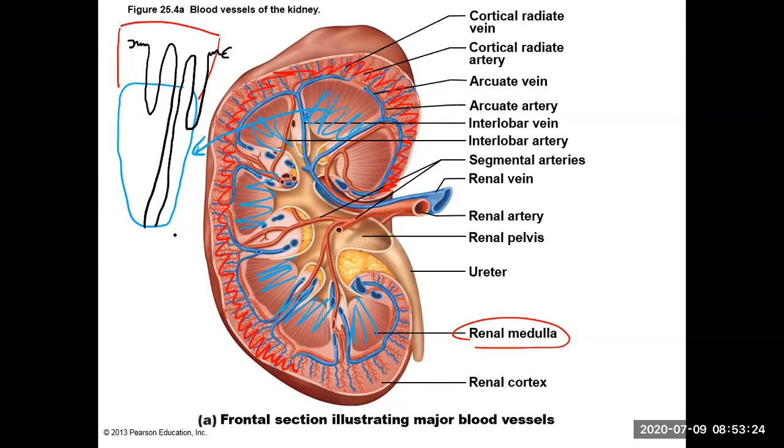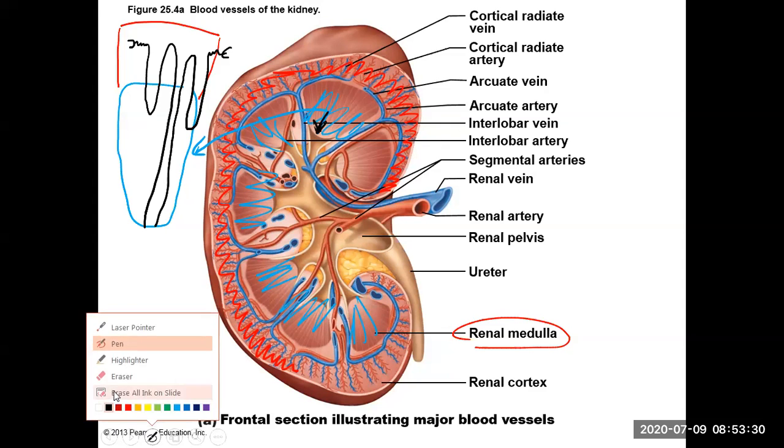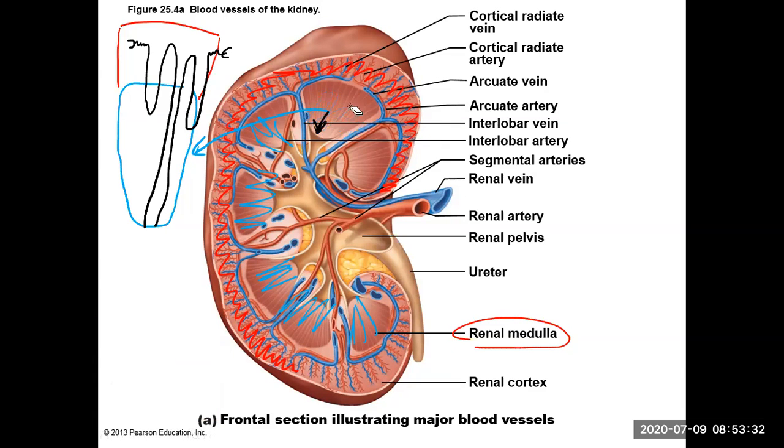These tubes end up right over here. In fact, if you look, I want to erase a few of these so you can see it a little bit better. You see these lines right here. These lines are these tubes right there. Okay, so these tubes empty in these spots, minor calyx and major calyx and renal pelvis, and then empty into the ureter.